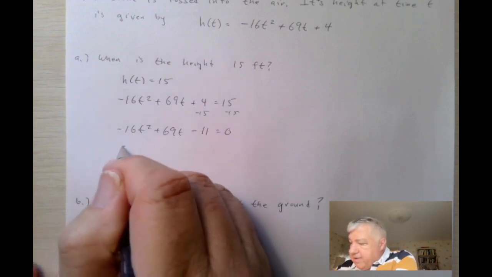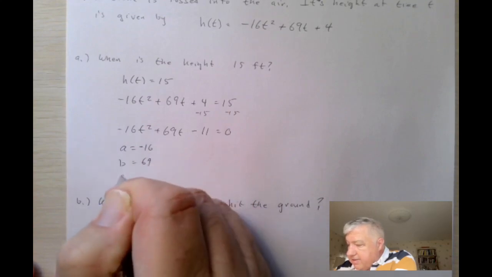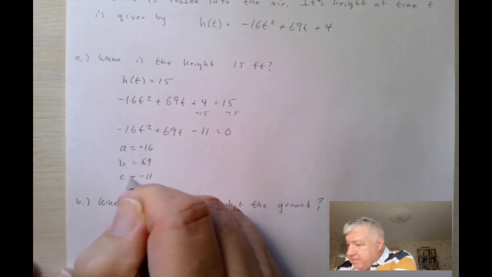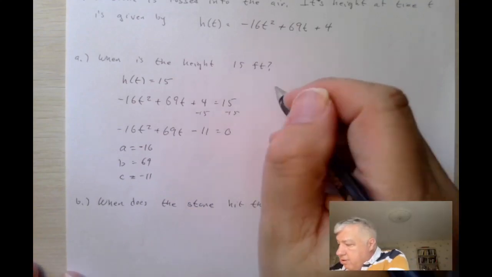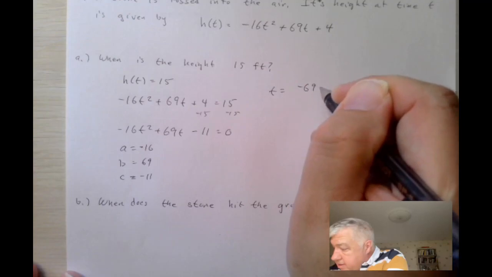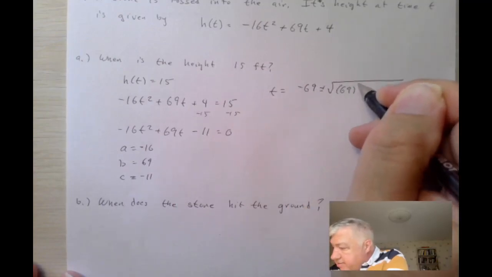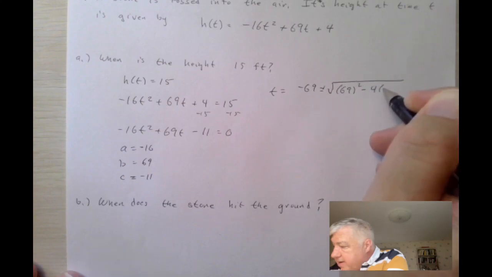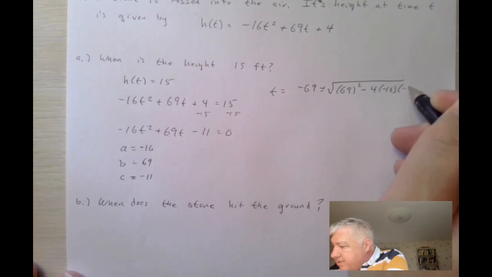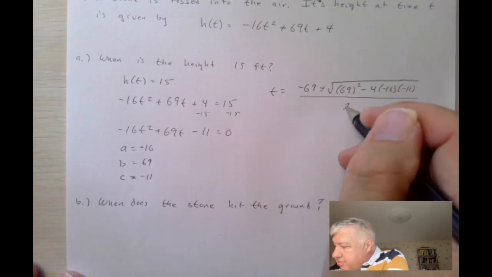A is going to be negative 16, B is 69, and C is negative 11. So t then will be minus b plus or minus the square root of b squared minus 4 times a times c, all over 2a.